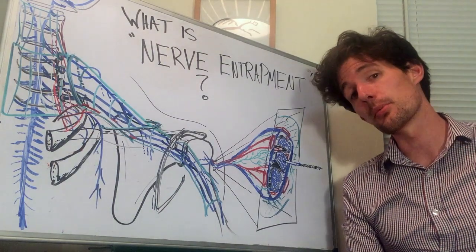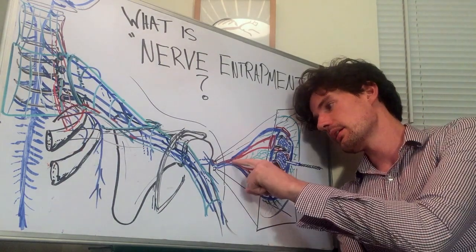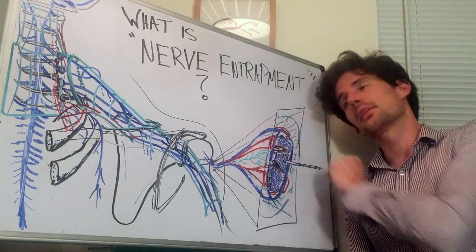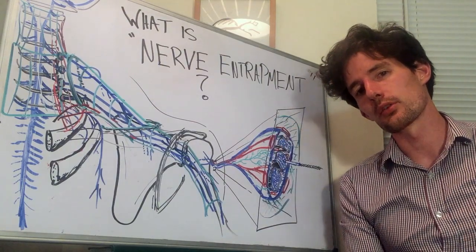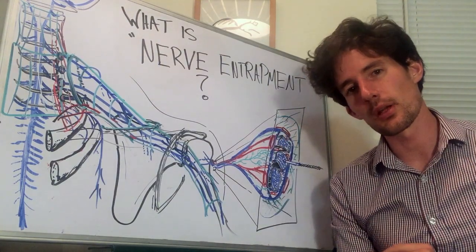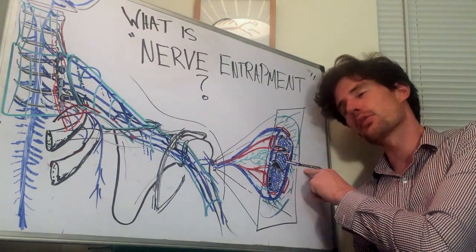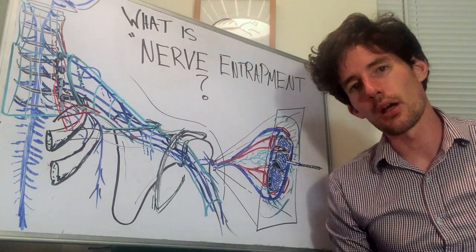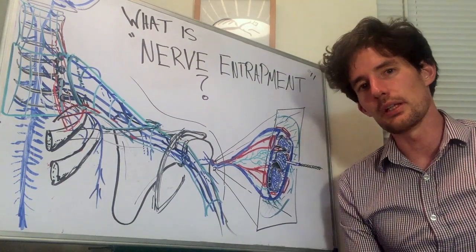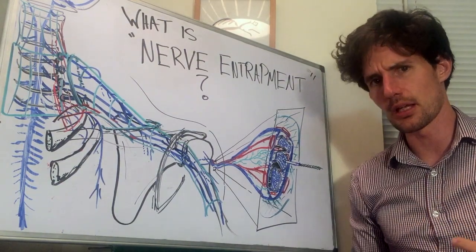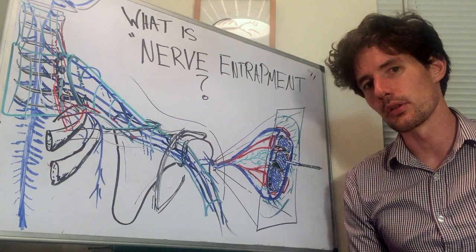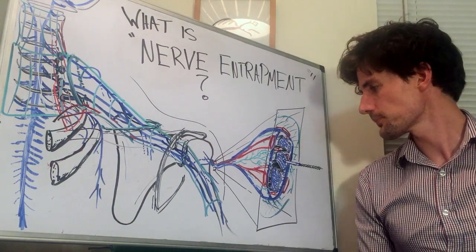Second thing you might notice about this system is that it's got rich blood supply. Nerves are surrounded by and penetrated by blood vessels, which supply the interior of the nerve with glucose and oxygen and everything the nerve needs to maintain its resting potential, to heal itself in times of injury.